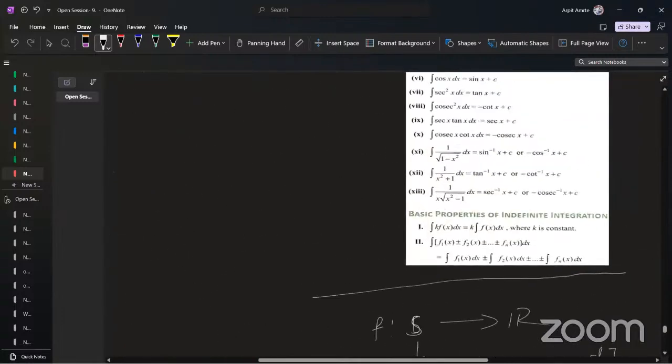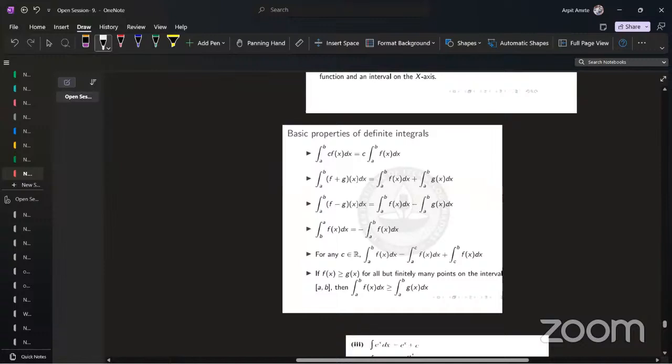Also, I know this thing. If we have two functions f plus g and I want to integrate this function from a to b, it doesn't matter whether you calculate it from a to b or just like this.